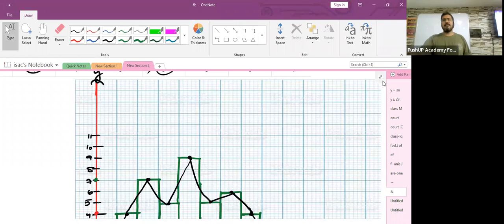Children, just practice 1 or 2 sums at home, and then you don't even have to look behind this chapter. Okay, there's more than enough. Right. Shall we start with mensuration? Area and perimeter. All right. Online students, you have any doubt in histogram, frequency polygon?